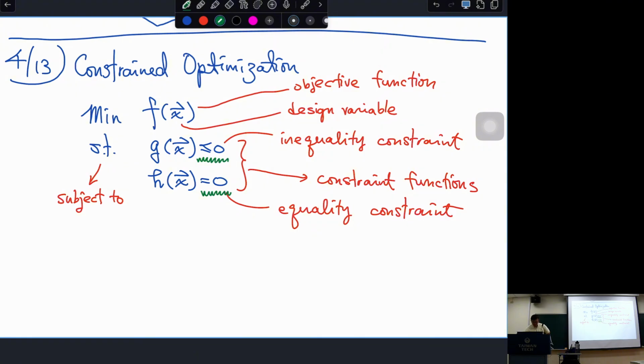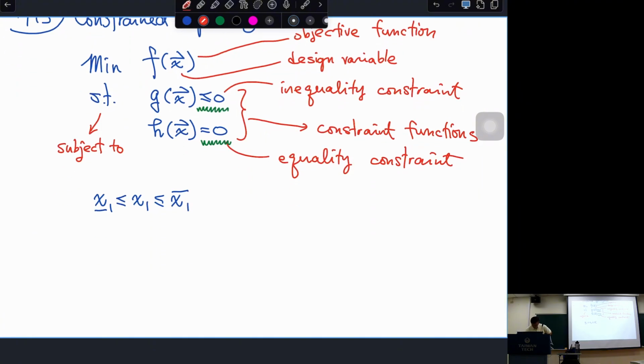How about sometimes when you do optimization, you have so-called variable bounds. For example, this is called the variable bounds.